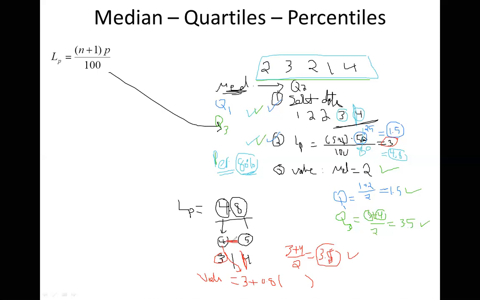The difference between value number 5 and value number 4: the value number 5 is 4, the value number 4 is 3, so 0.8 times the difference 4 minus 3.